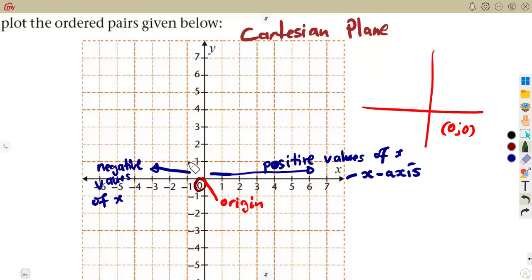The y values, we are going up. That's being positive as we are going up 1, 2, 3, 4. These are positive values of y. So we are talking of the positive values of y.